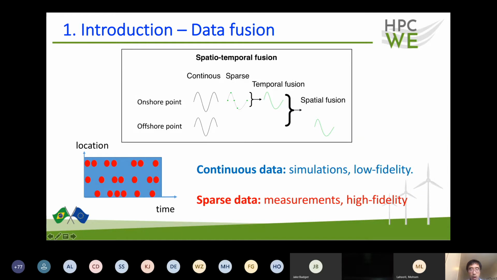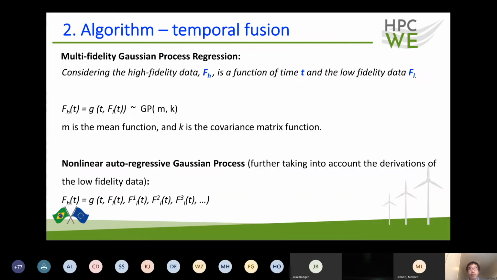So taking into account the features of these two forms of data, we want to find an algorithm to combine these two sets of data. And the final aim is to predict the offshore wind from the onshore measurement. Okay, so this is the algorithm. I will try to elaborate on the results rather than the algorithm, so here I just outline the main ideas.